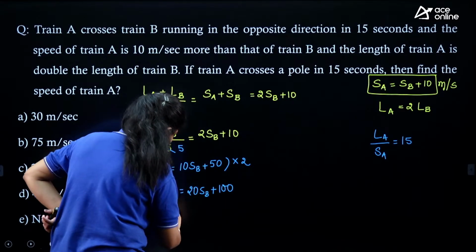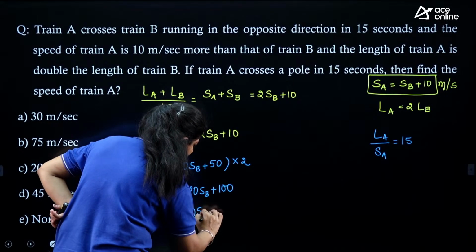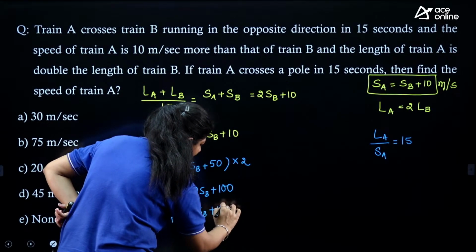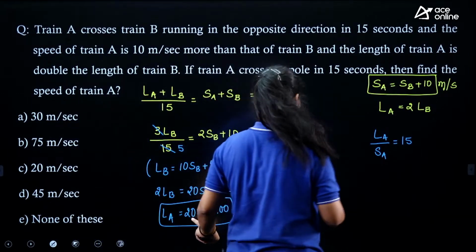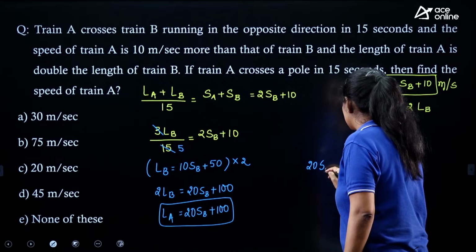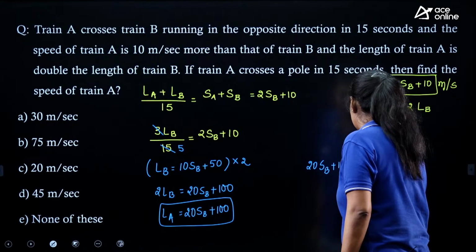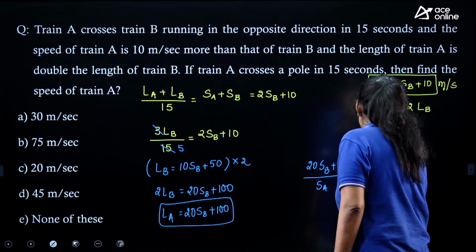Now this can be replaced: LA is nothing but 20 SB plus 100, right? This is the equation that we got over here. Now we simply replace it, so (20 SB plus 100) divided by SA is equal to 15.